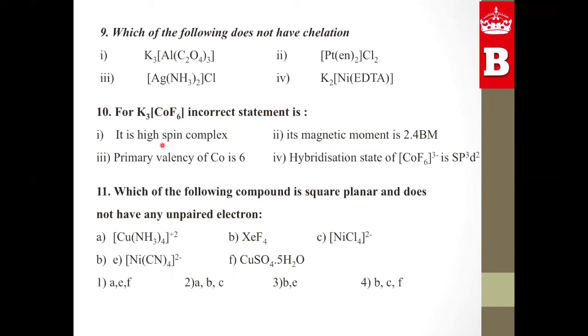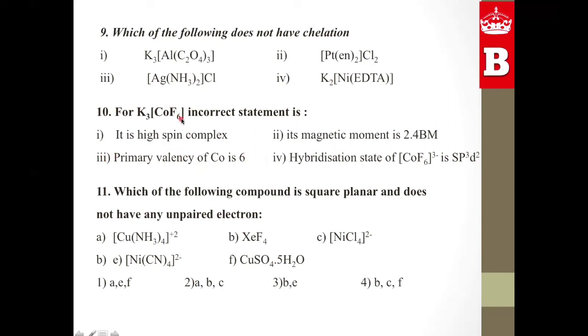Cobalt 3 plus means 4s2 gone and one 3d electron gone, so ultimately 3d6. If it is 3d6, how many unpaired electrons? Unpaired electrons will be 4. So having 4 unpaired electrons, the spin only magnetic moment will be 4.9. This one is the correct statement. This one is the incorrect statement.